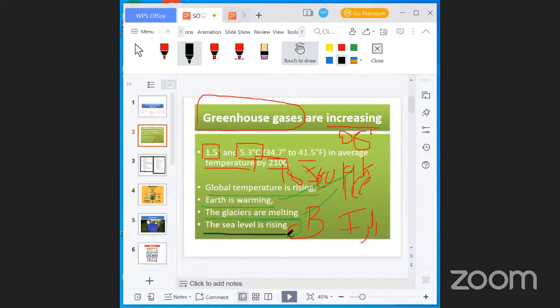Sea level is rising. So this weather change is drastically affecting wildlife and forests, right? Is it correct or not?